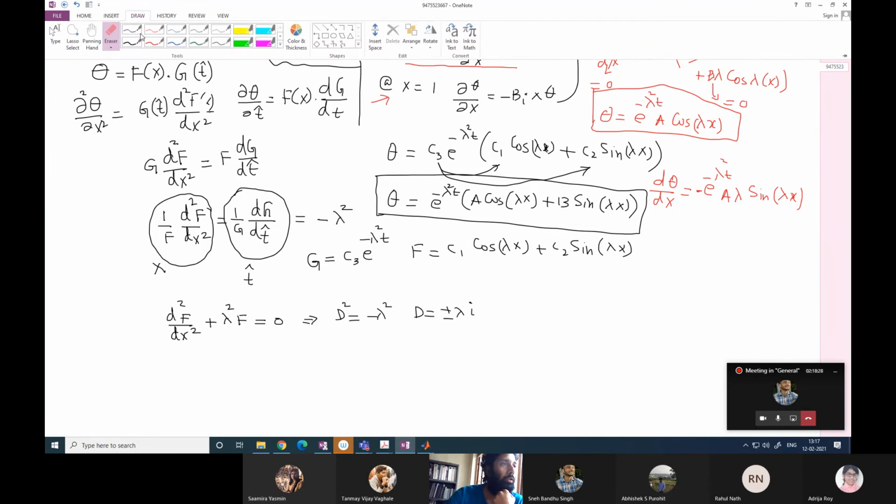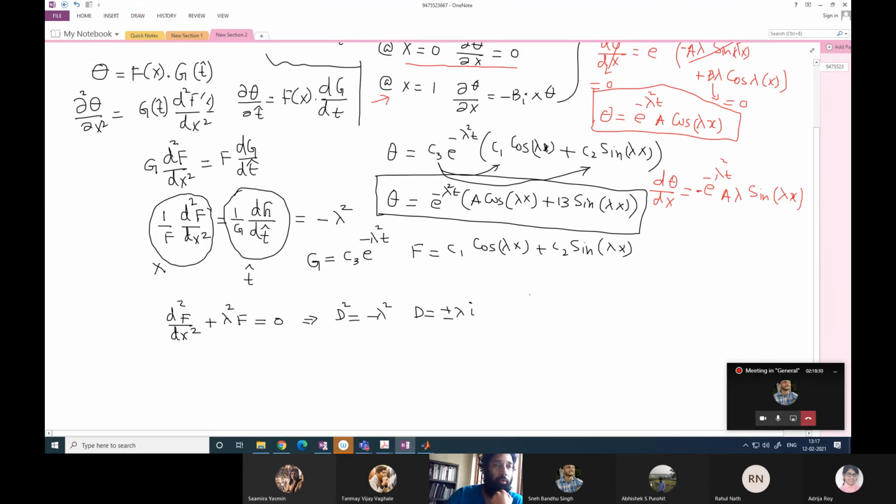So this boundary condition becomes, so let me write it here clearly. So d theta dx is negative of Biot number times theta. This becomes negative e to the power minus lambda square t A lambda sin lambda x. Okay.